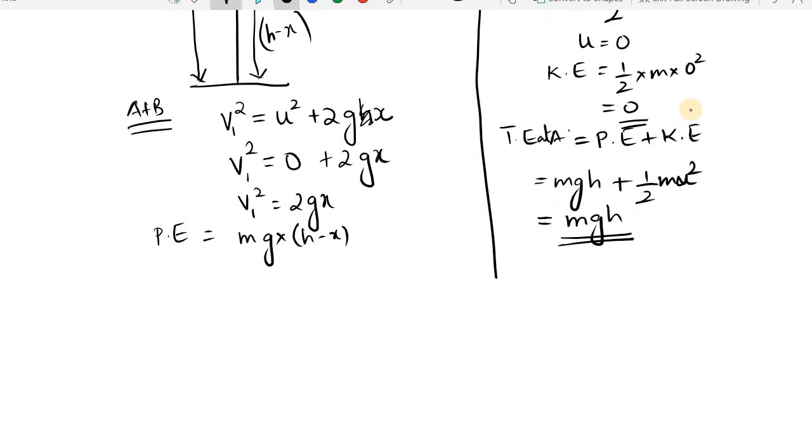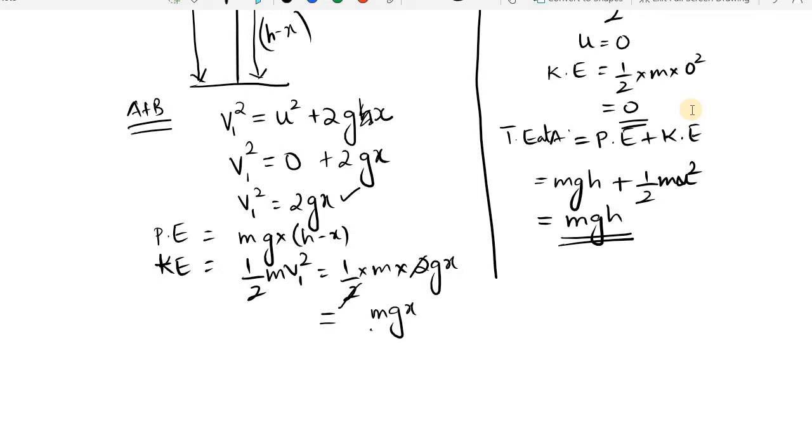So the kinetic energy is half m v1 squared, which would be half into m into 2gx, because we found that v1 squared is 2gx. Which is nothing but, I cancel the 2's and it becomes mgx.